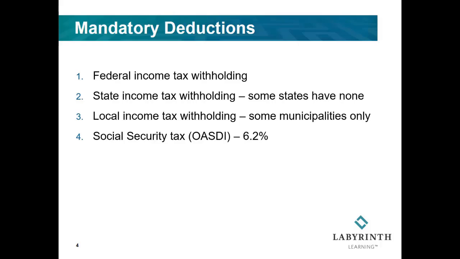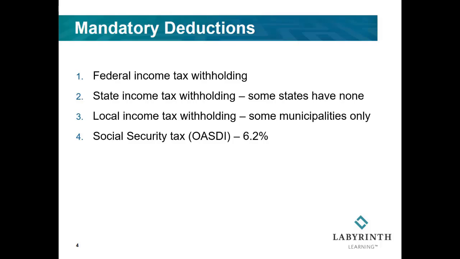Social Security tax is another mandatory deduction. It's also known as OASDI. OA for old age, S for survivors, DI for disability insurance. Therefore, Social Security tax does not provide benefits to retirees only.